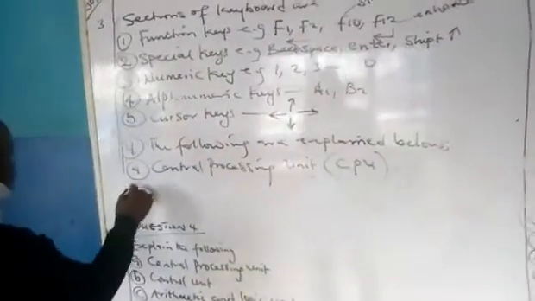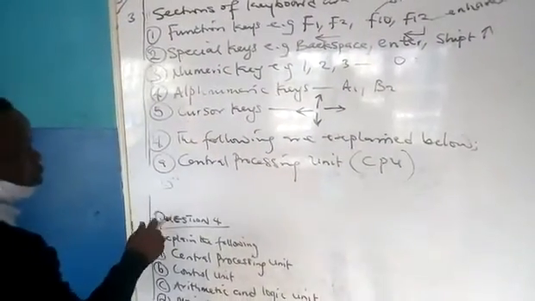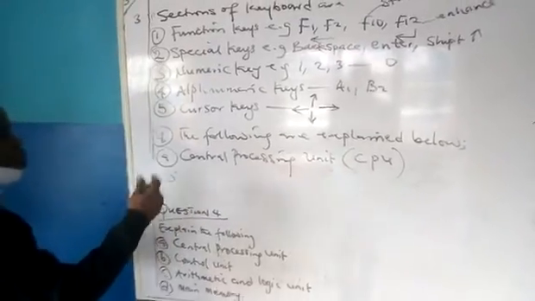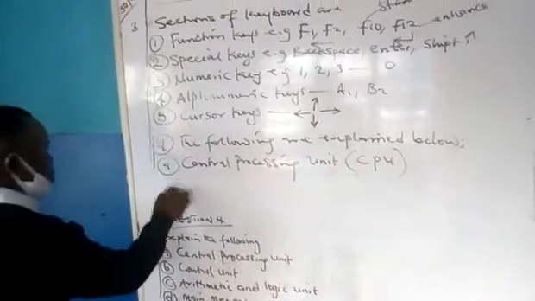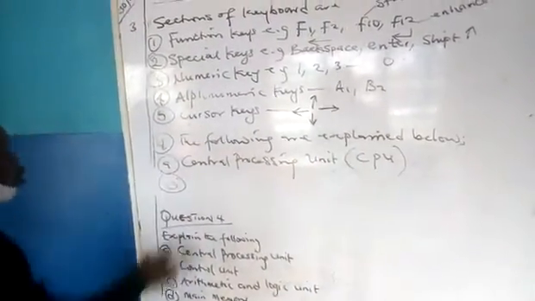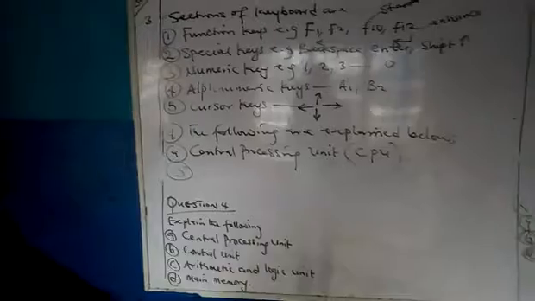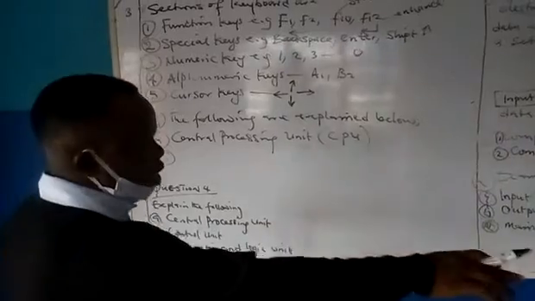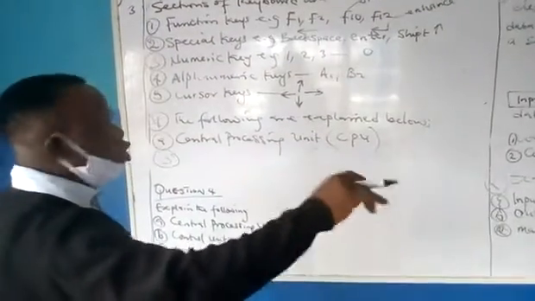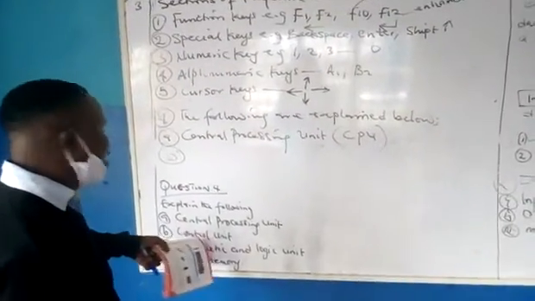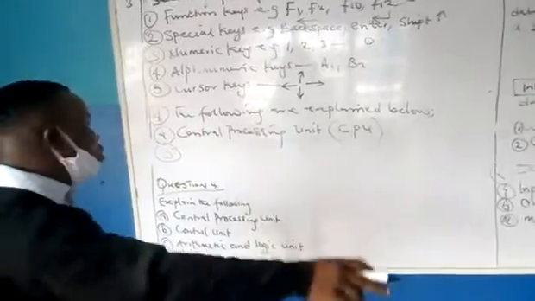Then the B part. What you just said, central processing unit, is A. You just explain the B part. You have a control unit. Control unit is a unit in the system unit. Control unit is also there in the same area in the system unit to control whatever comes in.